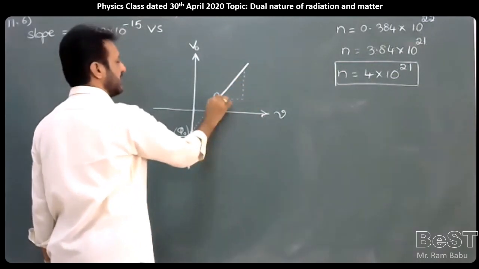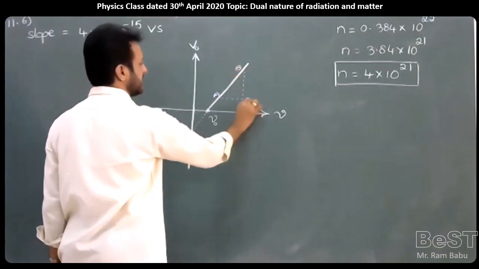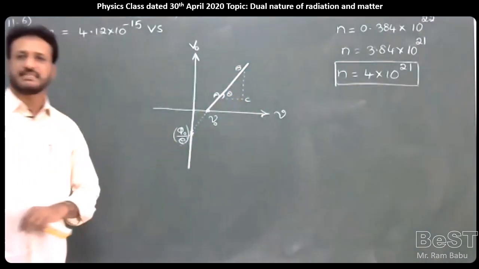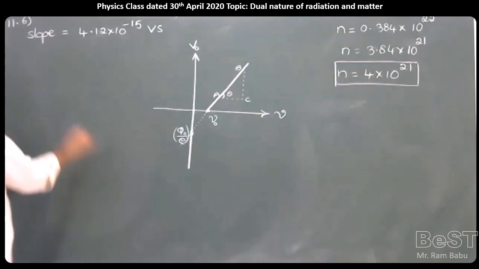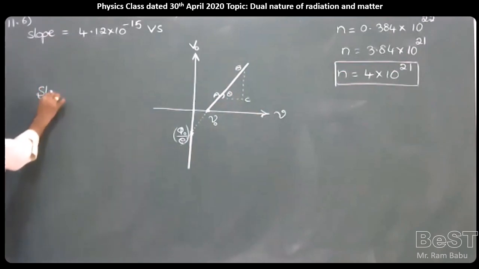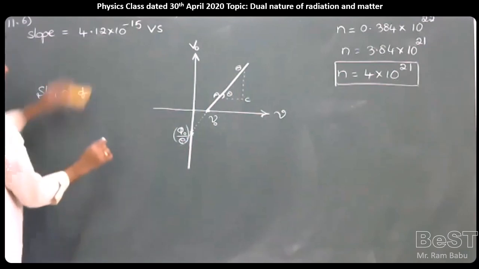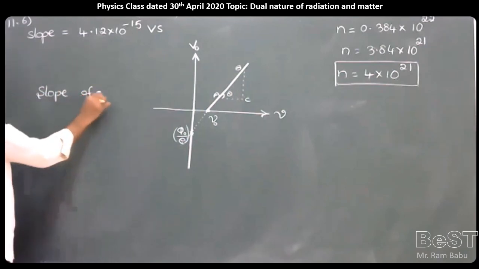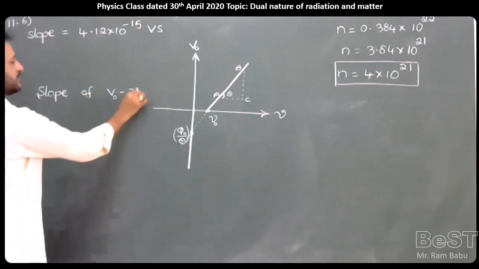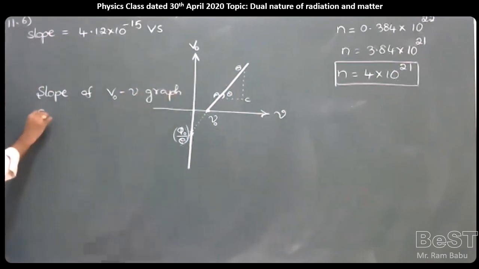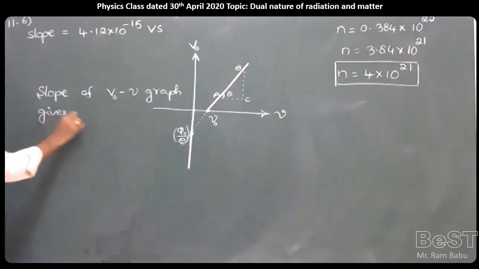If you calculate the slope of the graph, it is equal to h by e. The slope of the V naught versus frequency graph gives h by e.